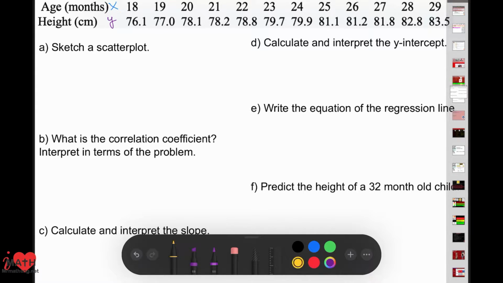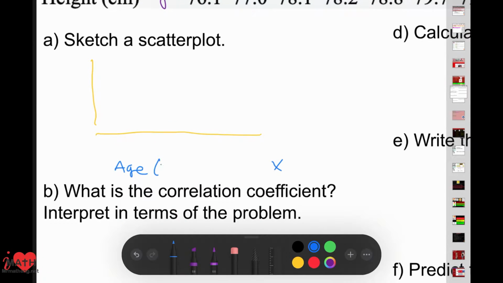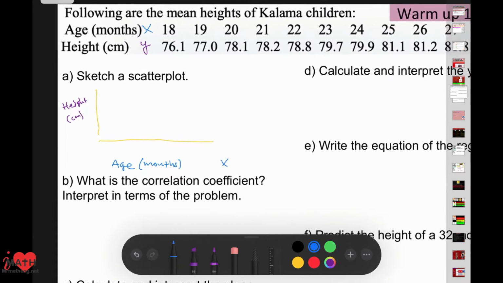Sketch a scatter plot. So of course I'm going to label age in months, and then the height in centimeters. And then I notice it ranges from 18 to 29.